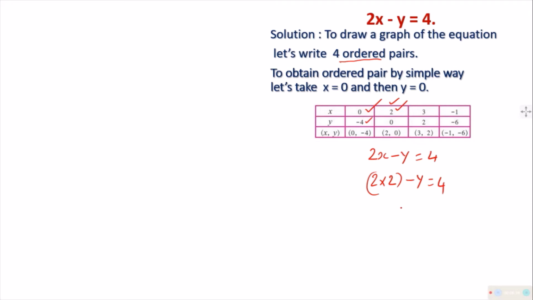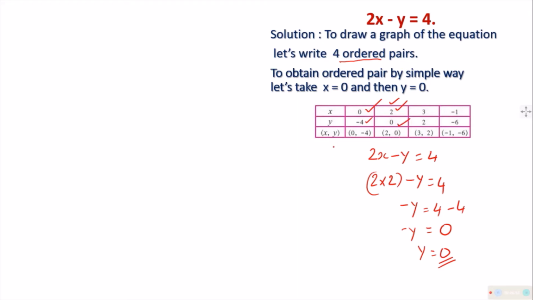Now minus y is equal to 4 minus 4, which is equal to 0. So minus y is equal to 0, the sign has no meaning. You can write y is equal to 0, there is no minus. So you got y is equal to 0.